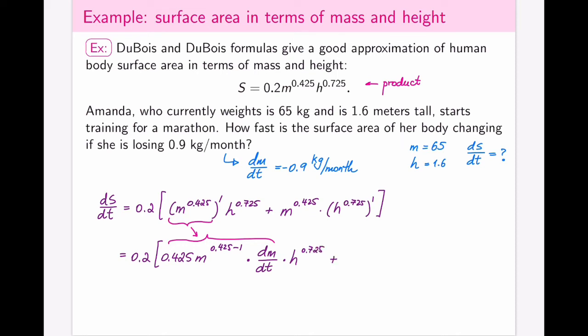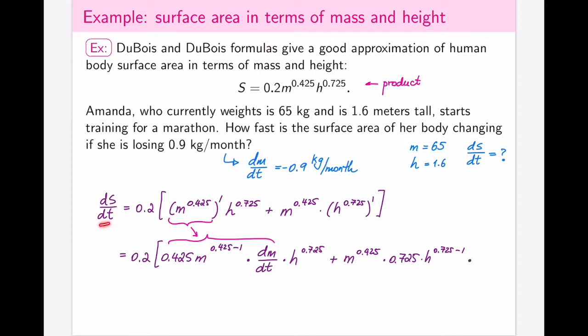Next, I'm going to do something very similar to the second half of this expression. Pause the video and see if you can do this yourself. So first I'm going to rewrite the m to the power that is not being taken derivative of, and then I have to take a derivative of this. So what do I have here? I have to bring the power down. I have to reduce the power by 1, and I have to think about the fact that height is also a function of time.